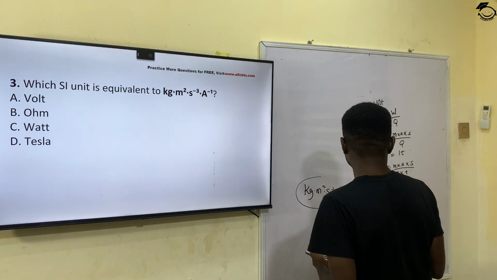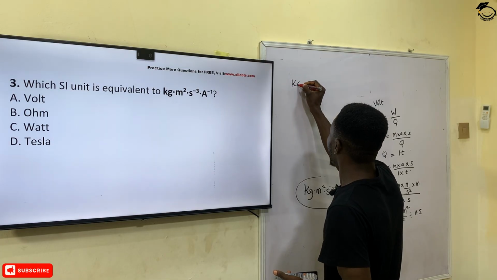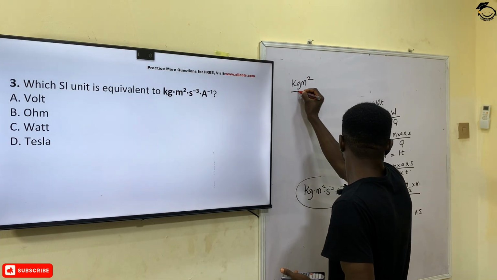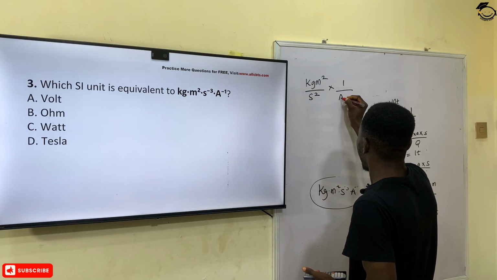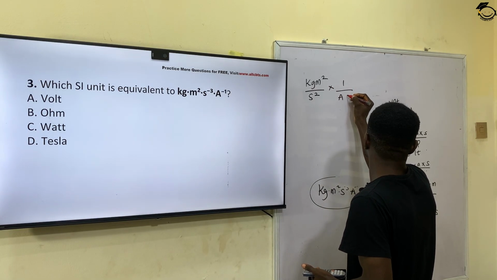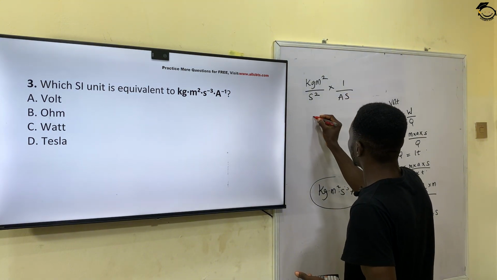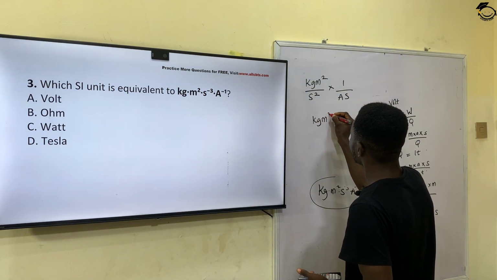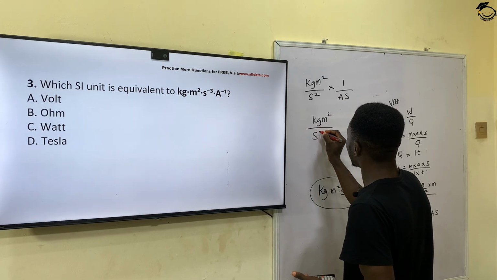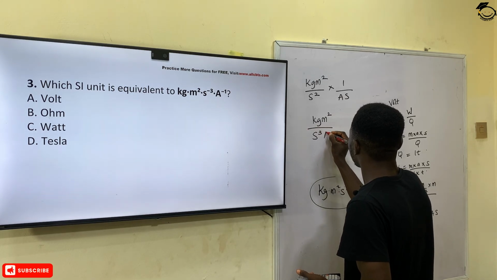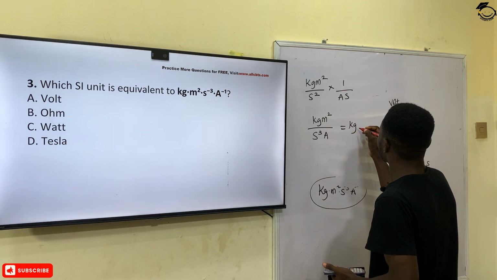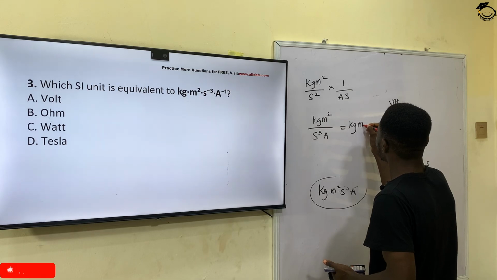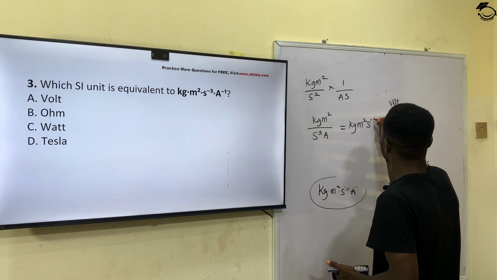This simply means I have kilogram meter squared per second squared times 1 over ampere seconds. So this will give me kilogram meter squared per seconds cube per ampere.